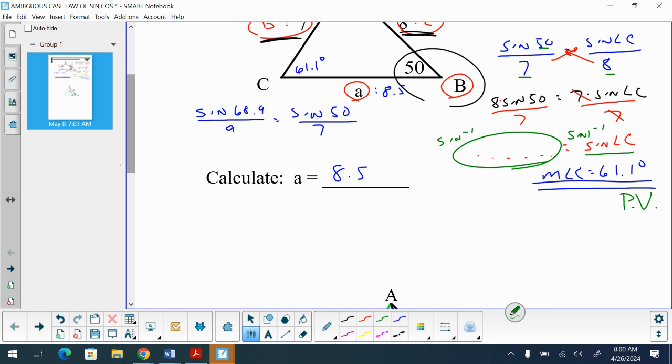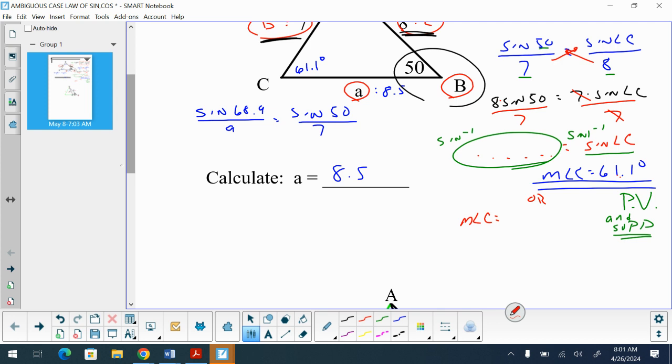But when you take your inverse sine, we get our calculator principal value, but we can come up with a second solution, which is its what? Supplement. So we had to deal with the supplement. The measure of angle C could be 61.1 degrees, or the supplement to 61.1.